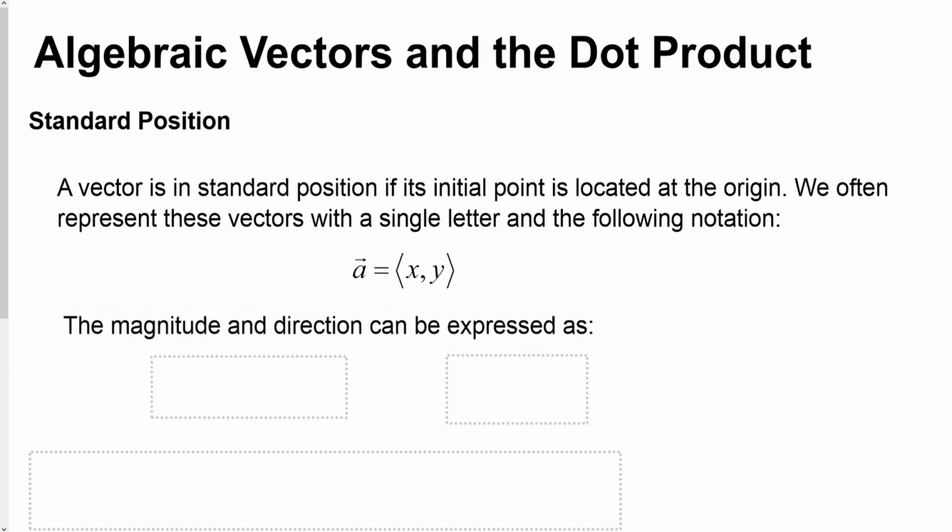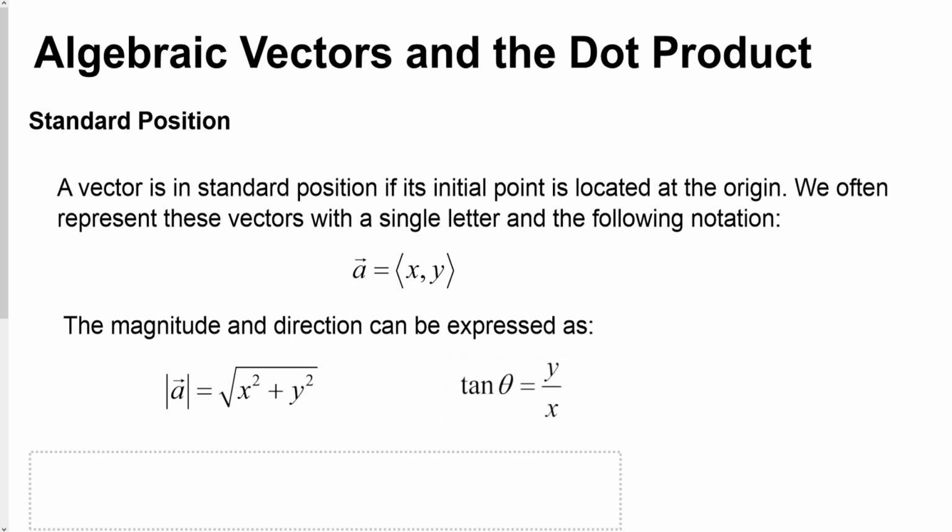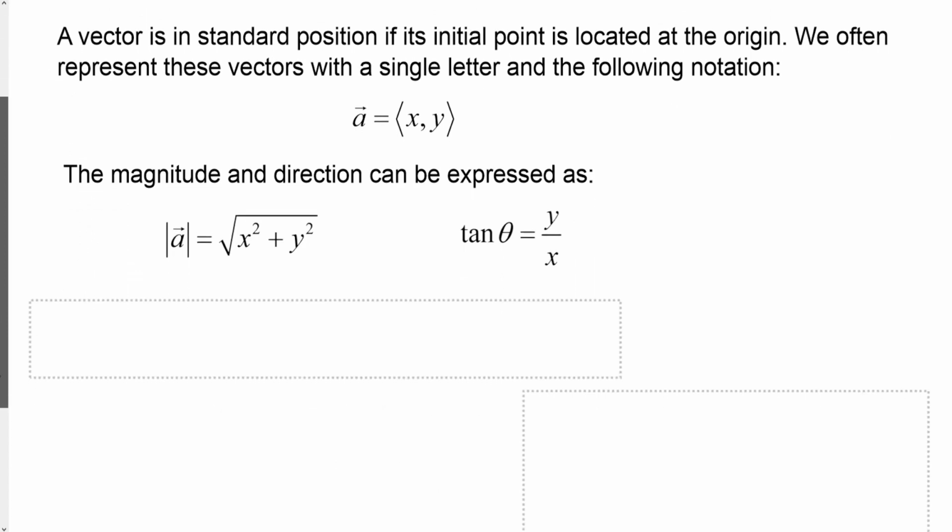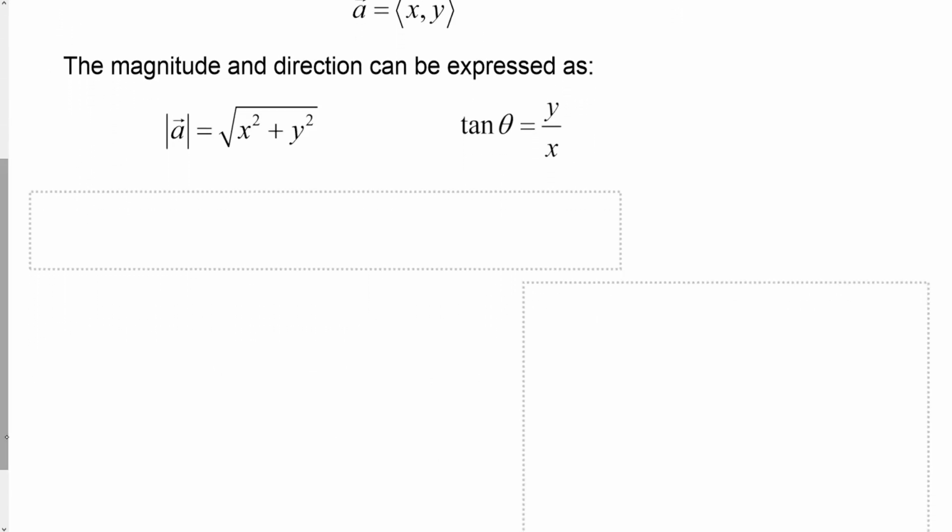The magnitude and direction can be expressed as: the magnitude of vector A is the square root of x squared plus y squared, and the tangent of the direction is y over x. Or you can write that as theta equals the arctangent of y over x.